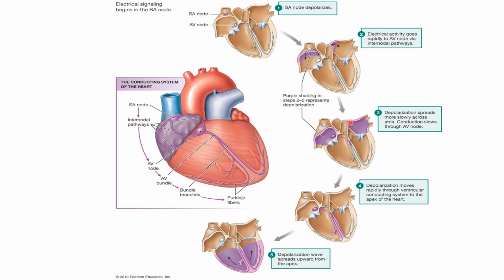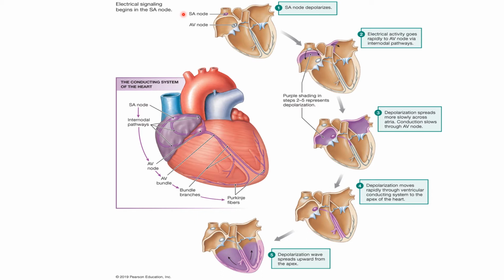Now, our SA node, why is it the one taking the lead? Because it is the strongest of all of the autorhythmic cells we have, and it's the one that's going to set your heartbeat to 70 beats per minute.